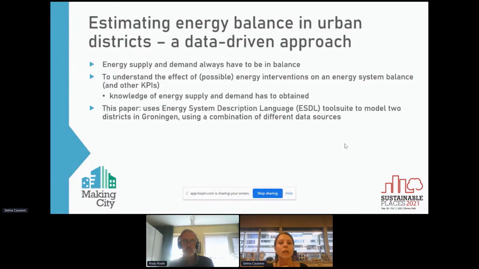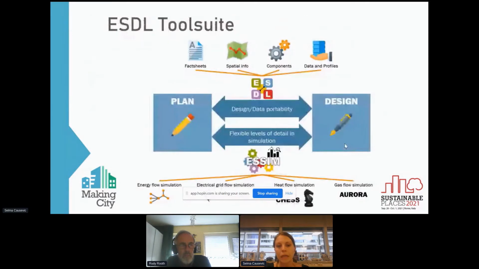What we did is use an open source, in-house built modeling language called Energy System Description Language, and the tool suite surrounding it, to model 2 of these districts. This tool suite is used to both plan and design different kinds of energy transition scenarios.